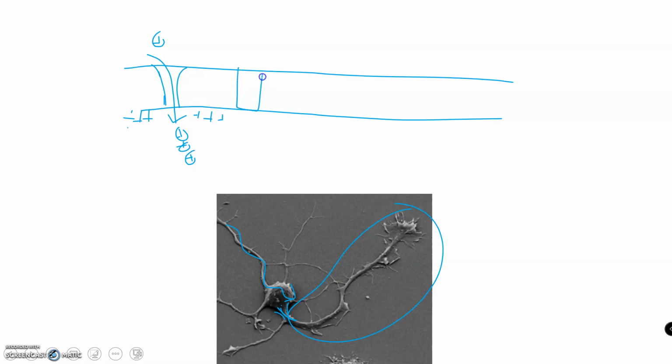There's going to be another sodium gate beside that, which is going to open. More sodium is going to flood in, which is going to allow us to flip the charge there, which is going to allow yet another sodium gate to open, and we're just going to keep doing that. This is called propagation. Propagation happens because one sodium gate allows the next sodium gate to open, which allows the next sodium gate to open.